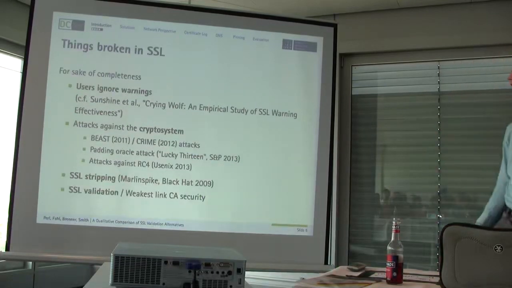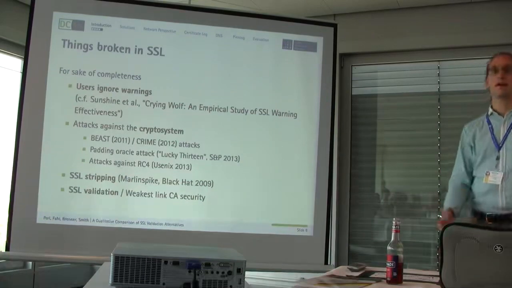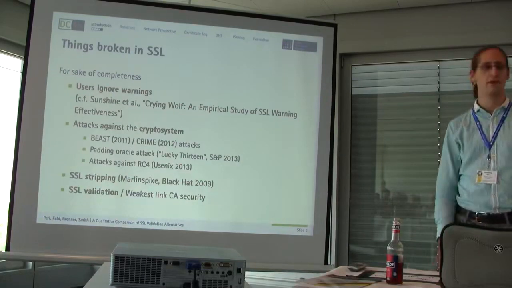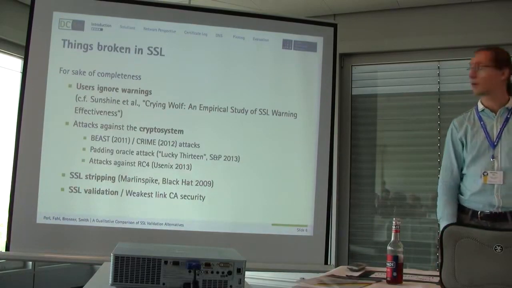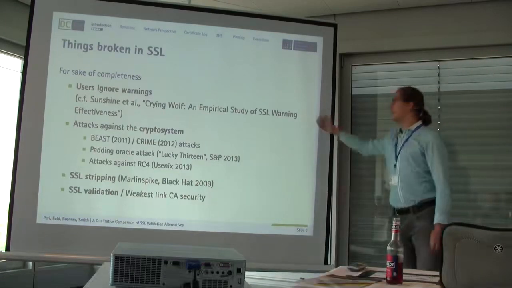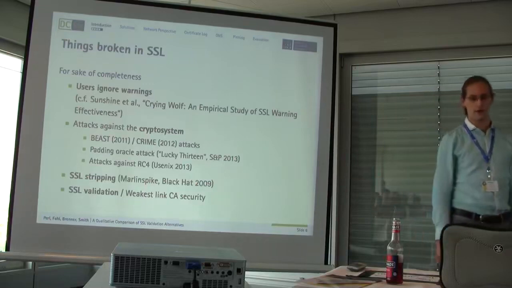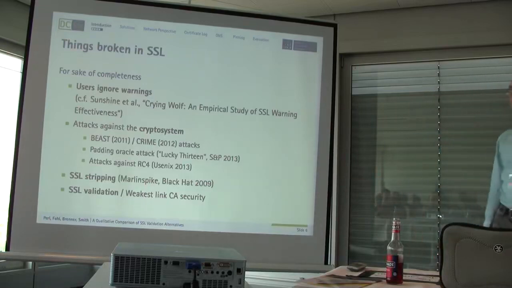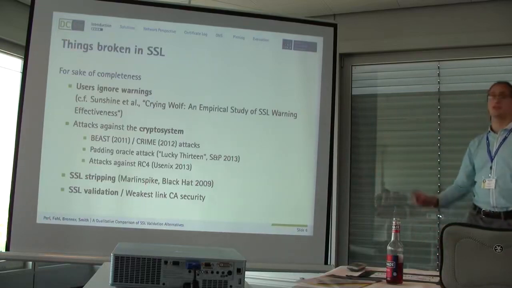So just as a quick overview for you, what other things are broken in SSL? Certificate validation is certainly one thing that is broken, but there are a whole lot of others. As Angela Sasse pointed out, users ignore warnings. Users don't understand warnings. Users click through warnings.